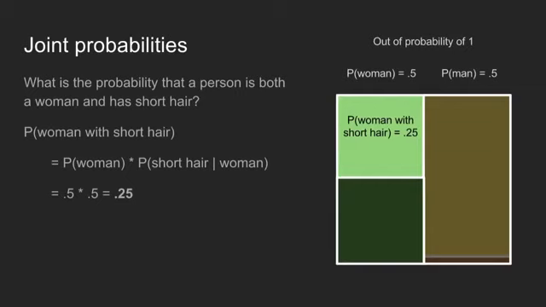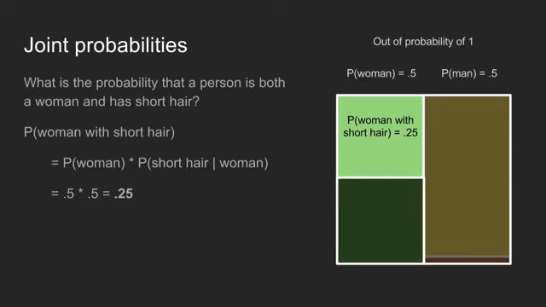Now, concept 2, joint probabilities. So what's the probability that a person is both a woman and has short hair? So to calculate a joint probability, you first find their conditional probability. Well, if I know that they're a woman, what's the probability that they have short hair? And then you multiply that by the probability that they're a woman.